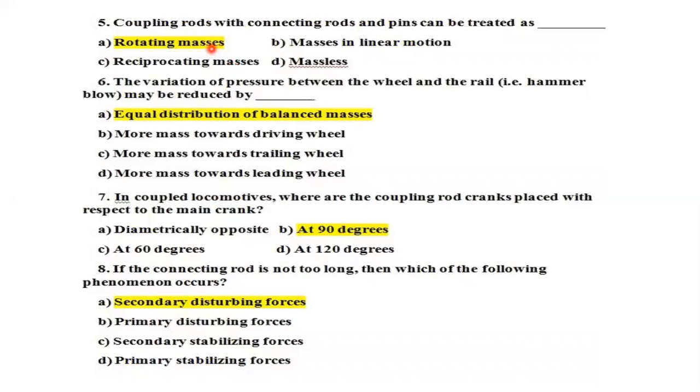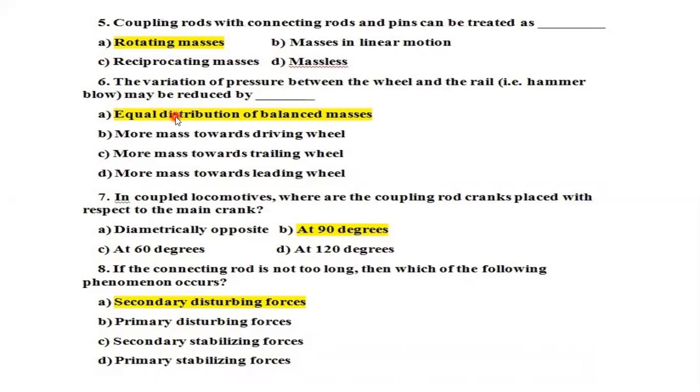Next is, the coupling rod together along with the cranks and pin can be treated as rotating masses and completely balanced by masses in the respective wheels. Normally the respective wheels are nothing but trailing, driving and leading, so three wheels. So the answer is rotating masses.